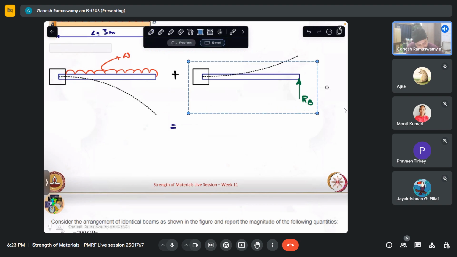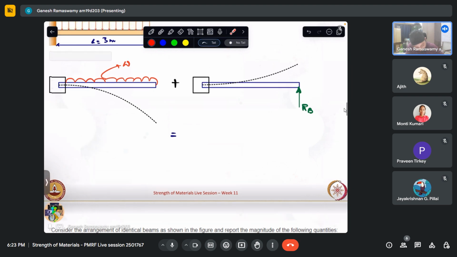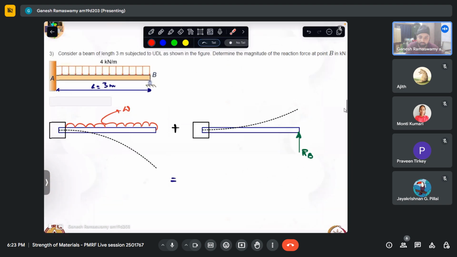Depending on how much reaction is mobilized, there will be some residual deflection at the bottom. Naturally, the reaction cannot exceed the applied force and overtake it. So naturally, the deflection at the propped end can at best be 0, or some non-zero value because of this load, depending on how rigid our prop is.